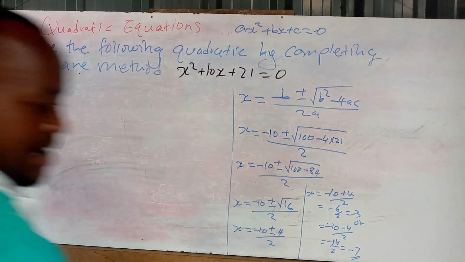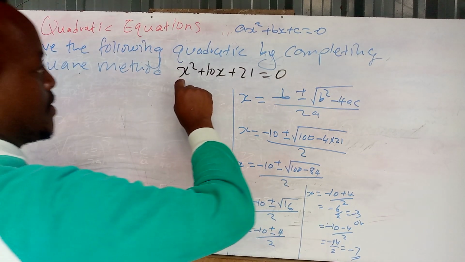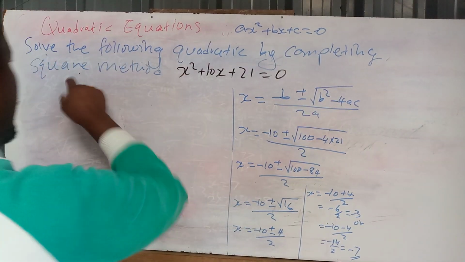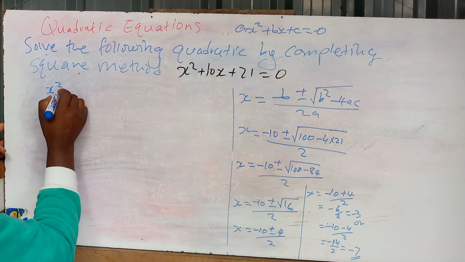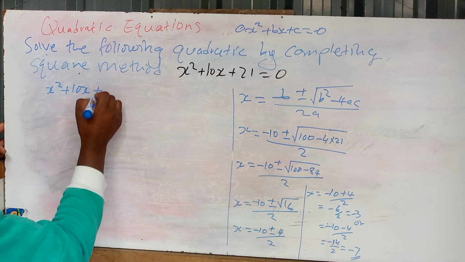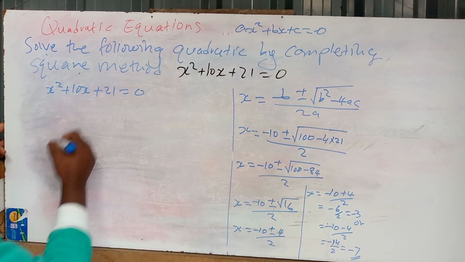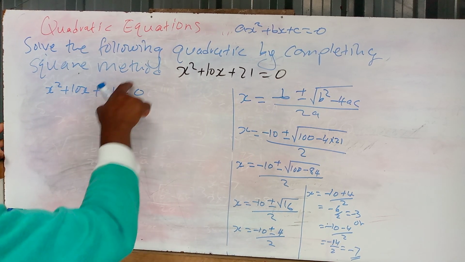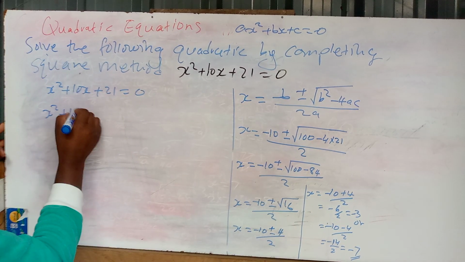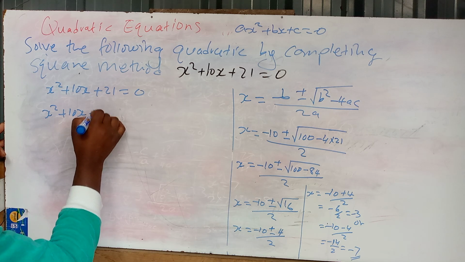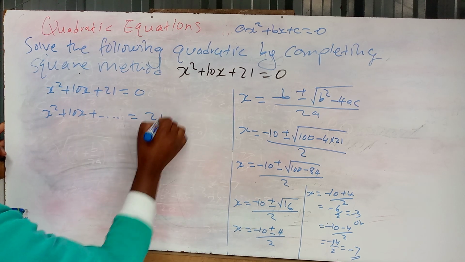table. Now, let us use the completing square method. We have x squared plus 10x plus 21 is equal to 0. Now take the c on this side, 21 on this side. So we are having x squared plus 10x plus a number here is equal to 21.